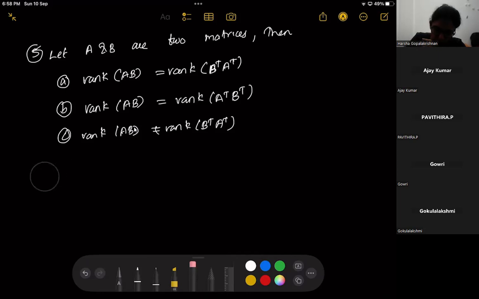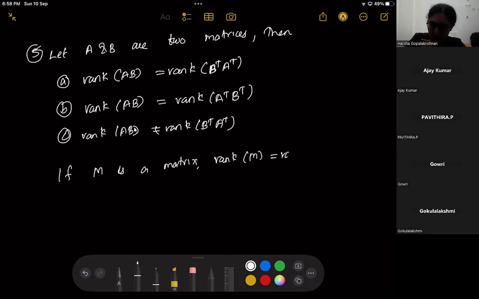Let me ask one question. If M is a matrix, rank of M equal to rank of M transpose. Do you know this result?